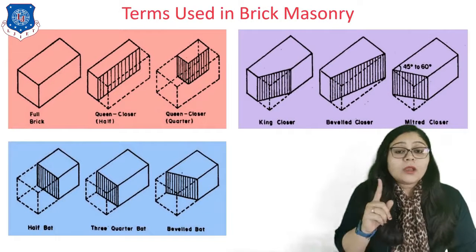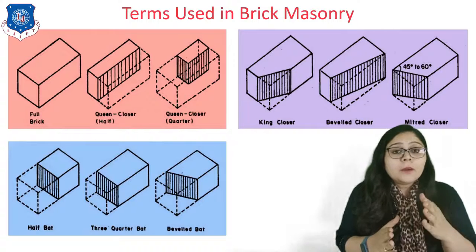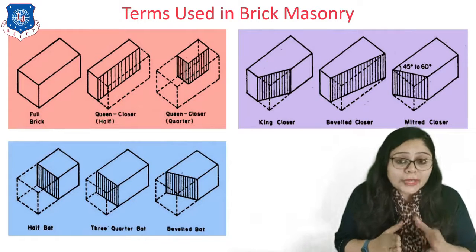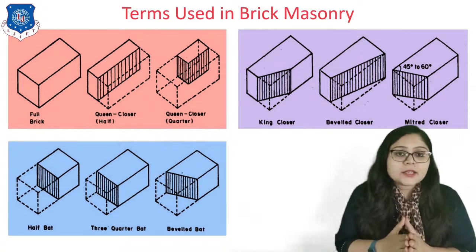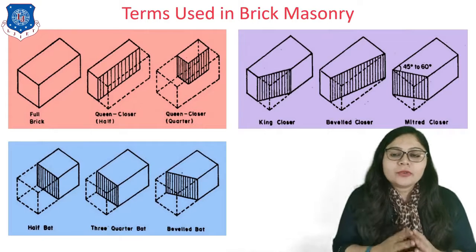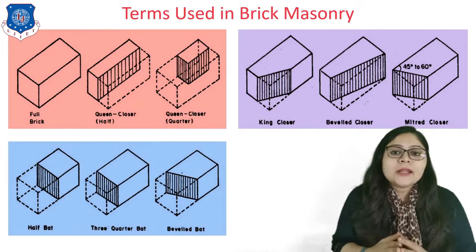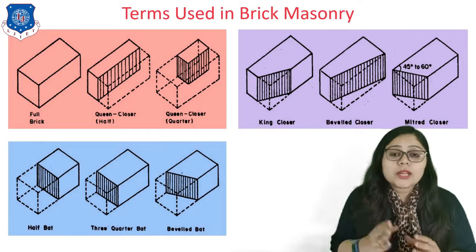But now I want to understand different brick cuttings, which are very useful when we are talking about brick bonds. So let us discuss that first. Here on screen you can see the first is the full brick. If I cut it along the length side, from its stretcher, it is known as the queen closer half.